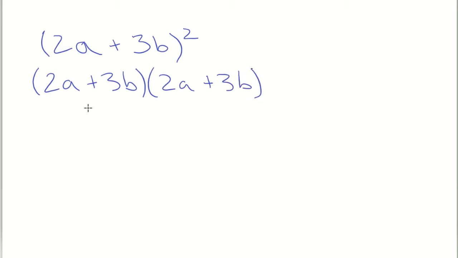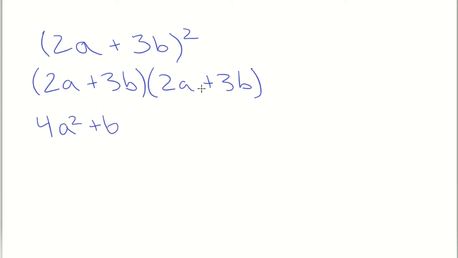And you do the same thing as you've been doing. 2A to 2A, 2A to 3B, 3B to 2A, 3B to 3B. So 2A times 2A, 2 times 2 is 4. A times A is A squared. 2A times 3B, well, you can multiply 2 and 3, you get a plus 6.